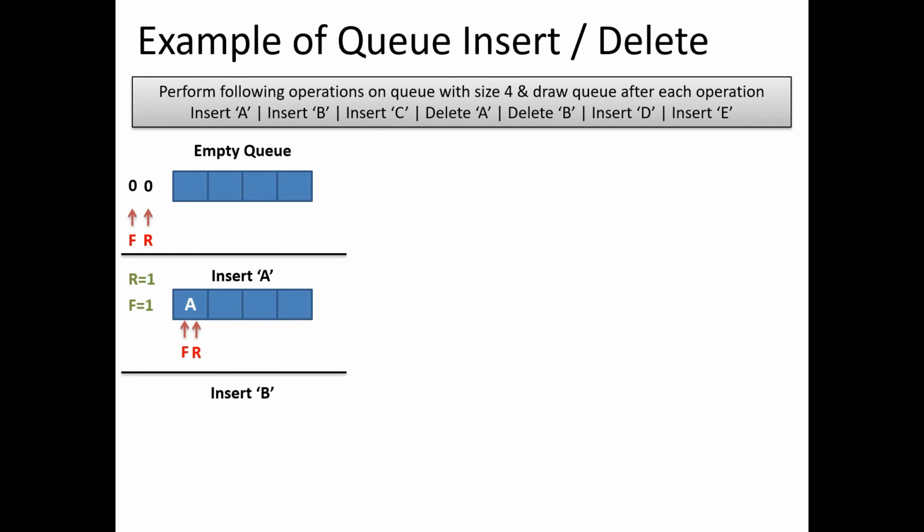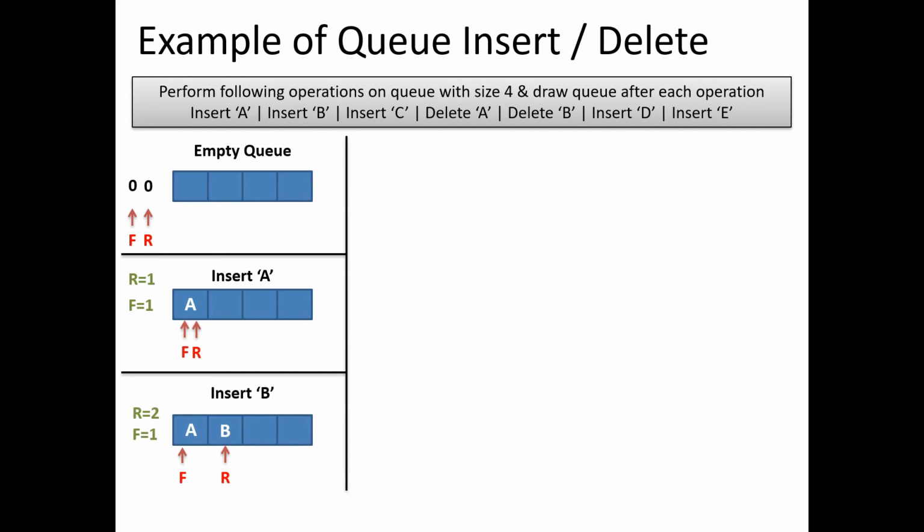Now insert B. So our rear is pointed at position number 2 and B is inserted at position number 2. So R is equal to 2 and F is equal to 1. Now insert C. So our rear is pointed at position number 3 and C is inserted into Q. So R is equal to 3 and F is equal to 1.